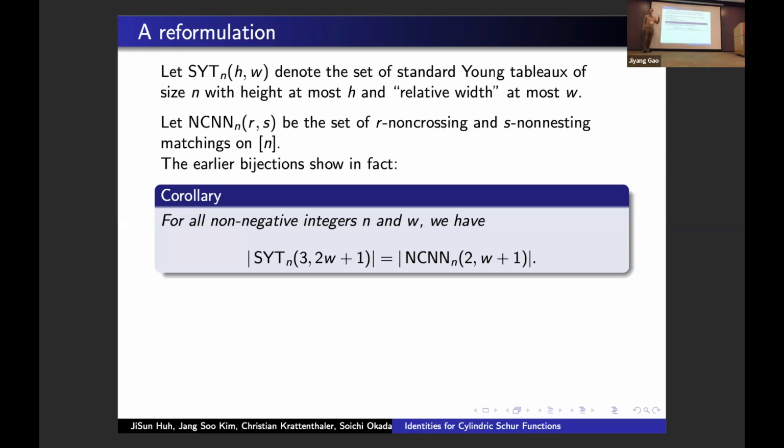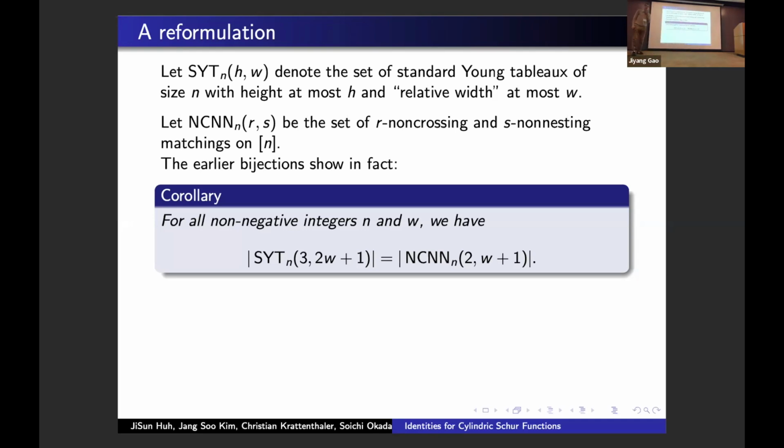Then the things that I've explained imply that if you believe the results by Mortimer and Feldberg, then you have this equality. The standard Young tableaux with parameters 3, 2, W plus 1 are as many as matchings without a 2 crossing, without a W plus 1 crossing.